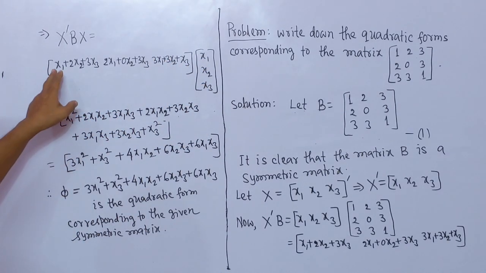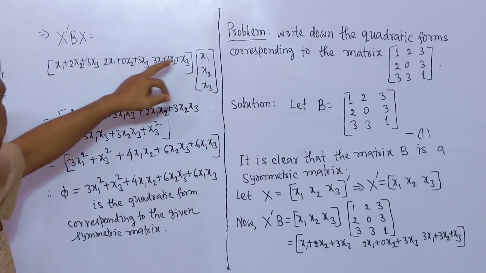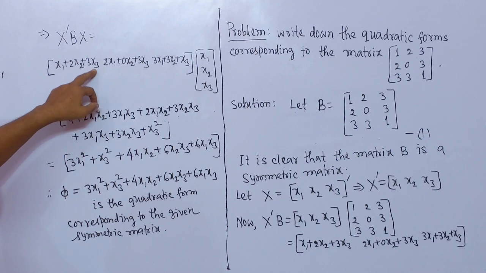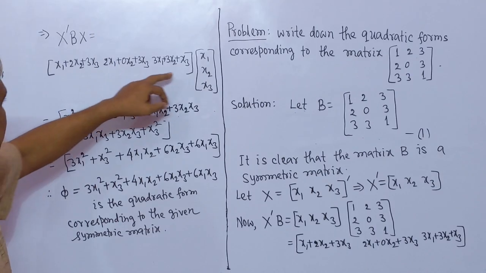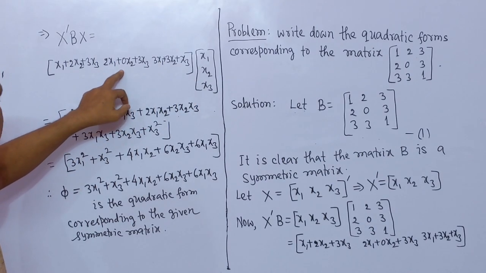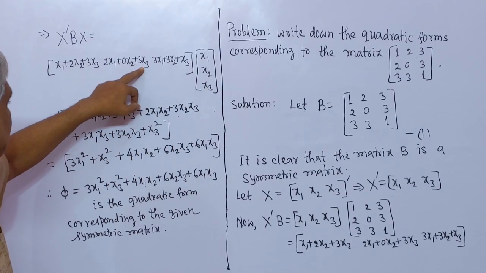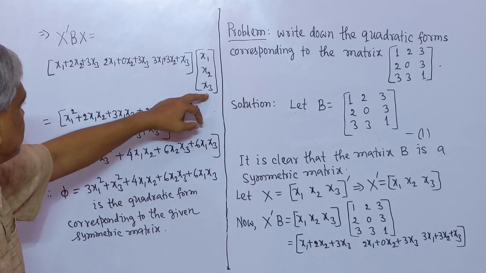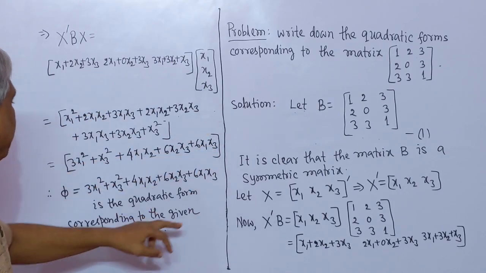Now we multiply first row with first column, meaning we multiply x1 with this: x1 square plus 2x1 x2 plus 3x1 x3, plus we multiply x2 with this: 2x1 x2 plus 0 x2 square plus 3 x2 x3. Now plus x3 with this: 3x1 x3 plus 3x2 x3 plus x3 square.